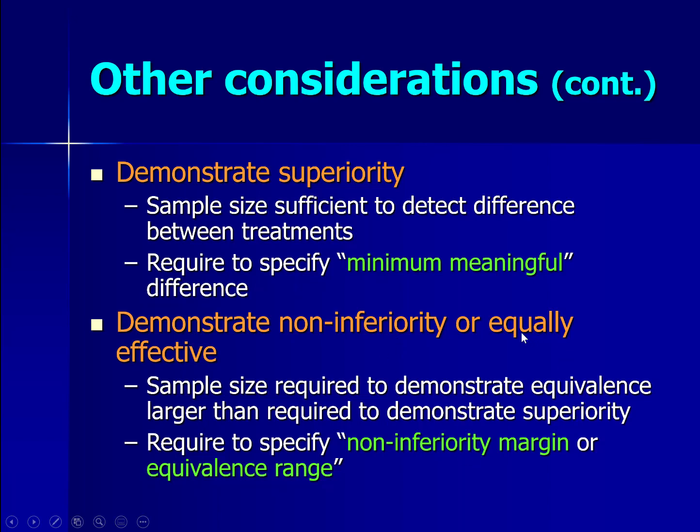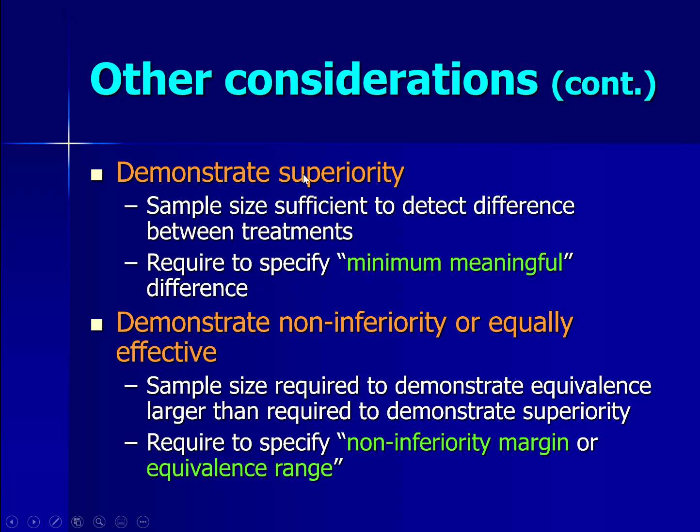But if we care about both tails, we can use the two groups to demonstrate equally effective. In that case, we call it an equivalence study, and we need to specify the equivalence range.